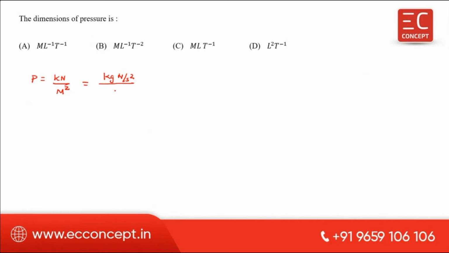Mass, that is dimension M. So M L inverse T inverse squared, that is M L minus 1 T minus 2. Therefore, answer for this question is B. Understood? I hope everyone got it. Okay, dimension of pressure.